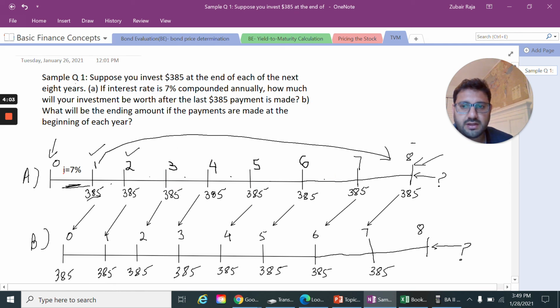So how can we find the future value of this 385? Simply, the future value will be after the 7th period, because it has the opportunity to earn the interest for 7 periods. It will be the present value 385 multiplied by 1 plus the interest rate. What is the interest? 7%.